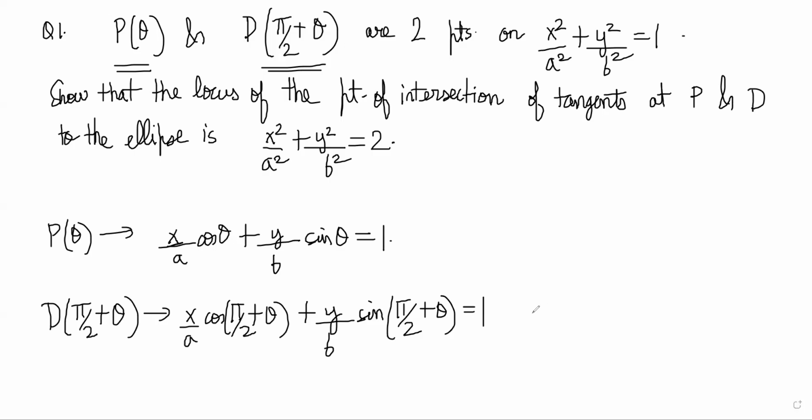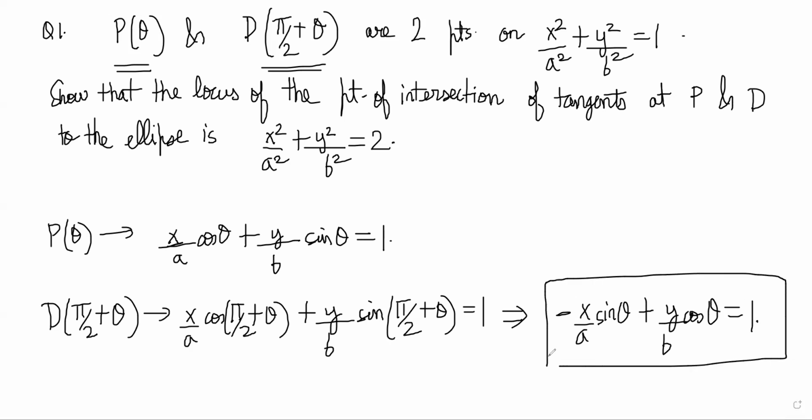And this equation can be simplified using basic trigonometry. This is minus x by a sine theta plus y by b cos theta equals 1. We have to find the locus of point of intersection of these two tangents, right? So the way to get that locus is to eliminate the variable theta from these two equations.